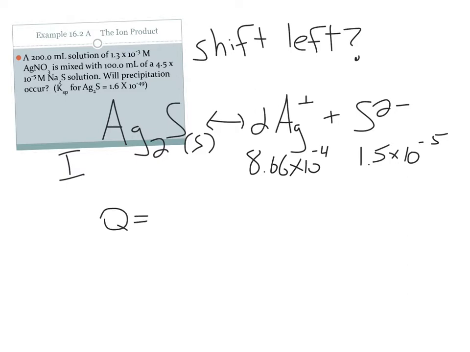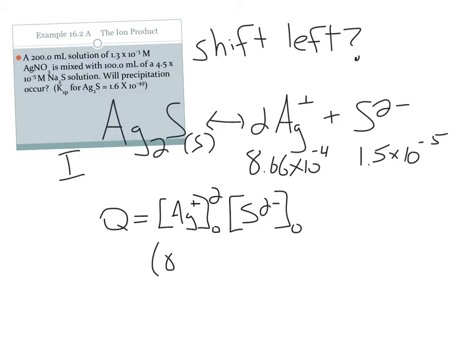Q is like our KSP. It's the same equation, remember: silver squared, initial, we just have that initial marker on there, times the sulfide, initial.